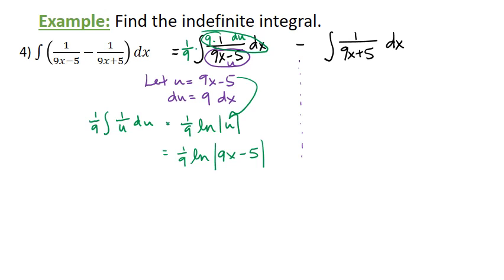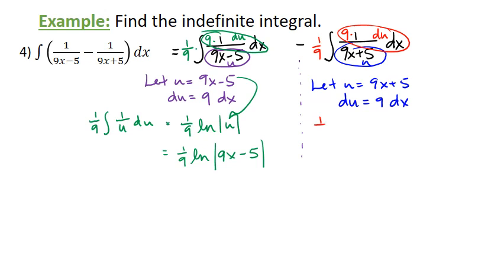Now I'm going to have the exact same type of thing on the other side. Here, I'm going to let u equal 9x plus 5. So this is u. That means du is 9 dx. Again, I don't have that 9, but I can make it and undo it.